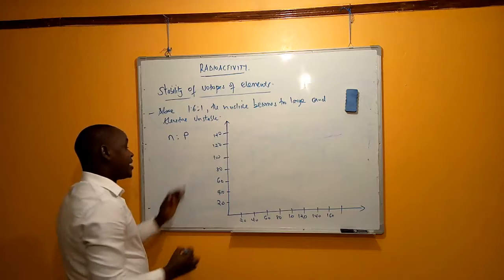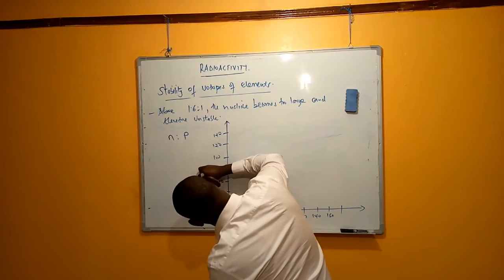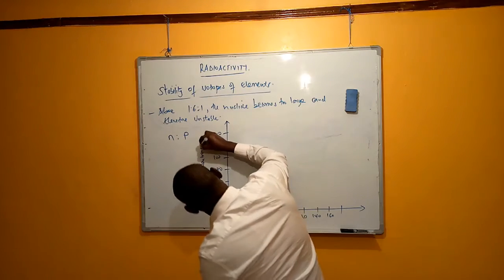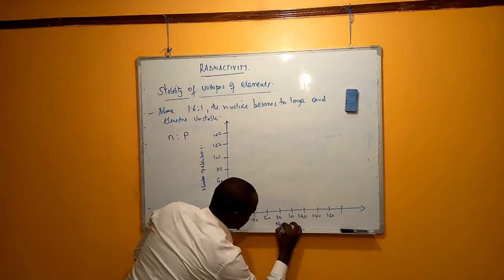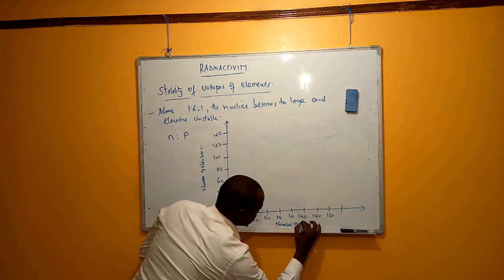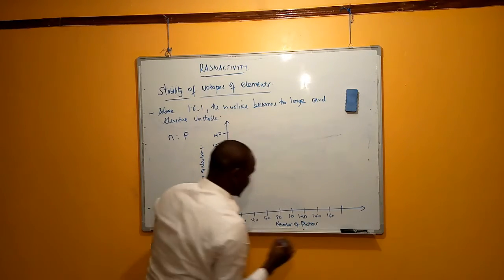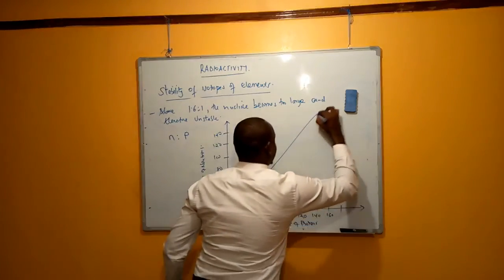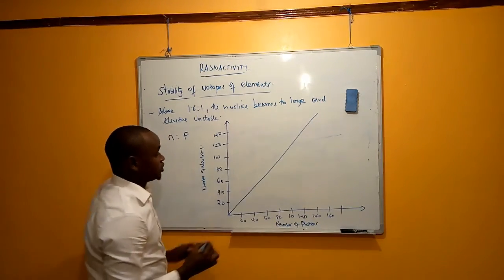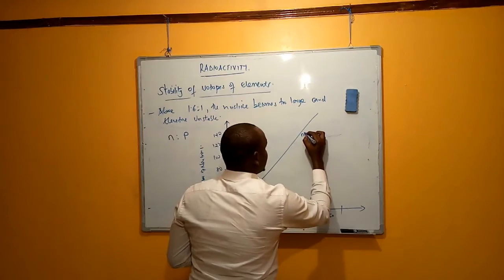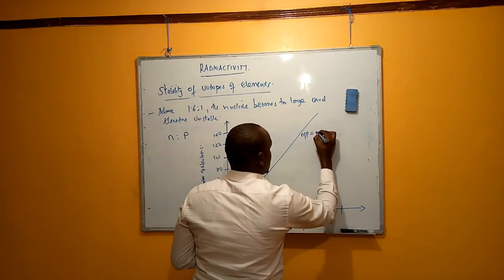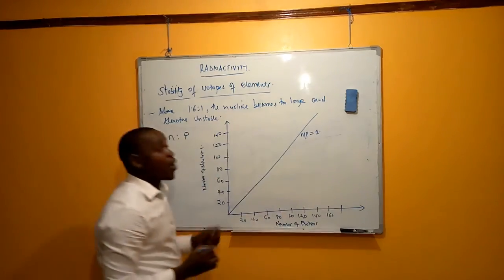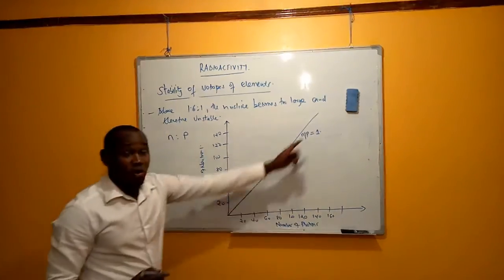On this side we are going to have the number of neutrons. Here we're going to have number of protons. And that line indicates a neutron proton ratio of 1. A neutron over proton is 1. That is 1:1 along that line.